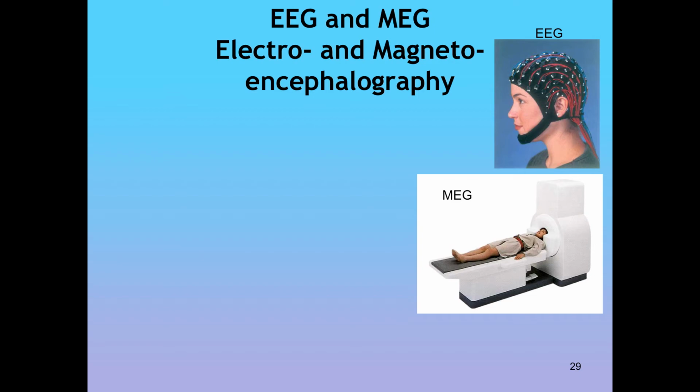Okay, so moving on to other neuroimaging techniques, we have EEG and MEG, electroencephalography and magnetoencephalography. And these look at the electrical and magnetic fields generated within the brain.